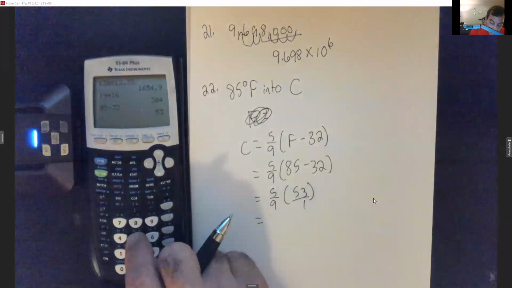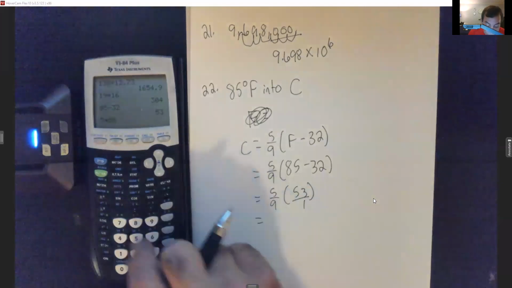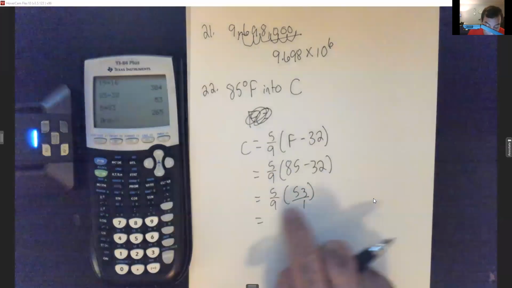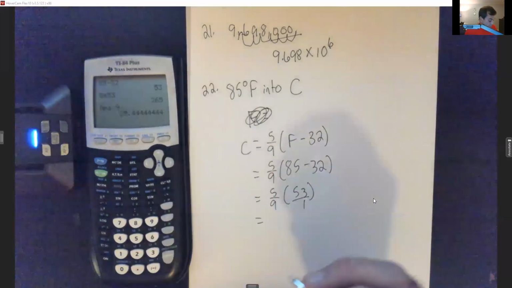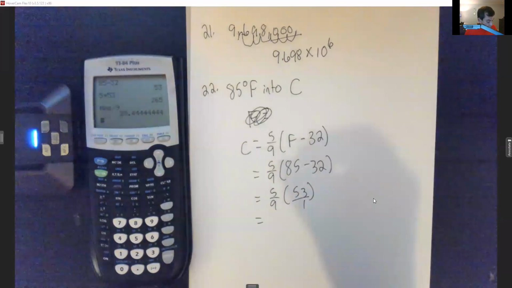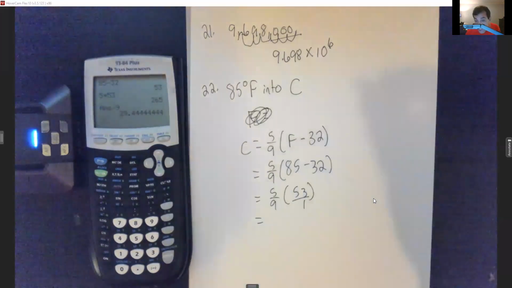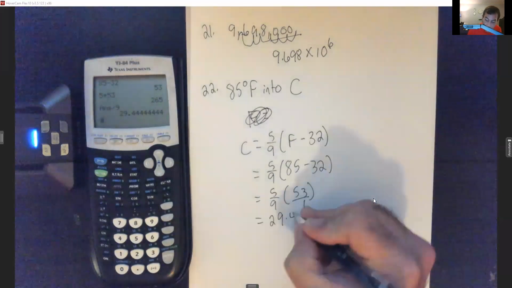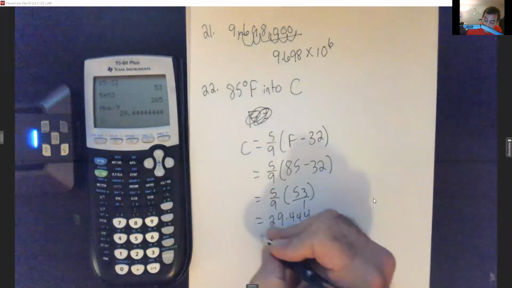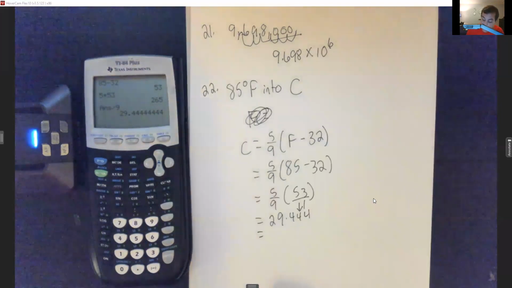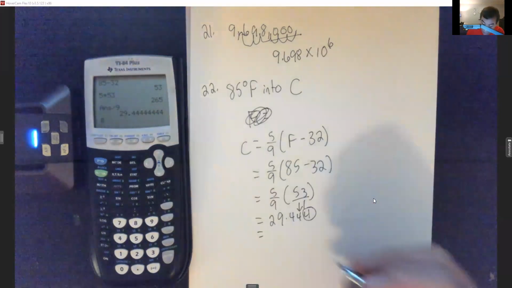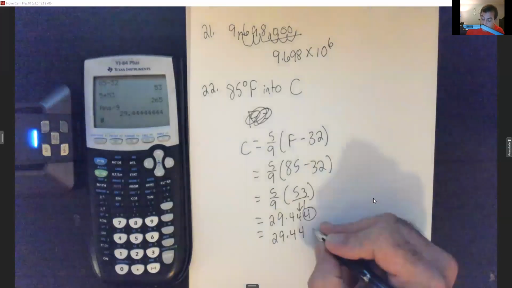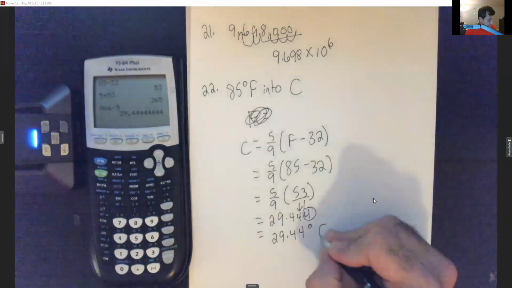So watch this. 5 times 53 equals 265 divided by that 9 on the bottom. That's going to give me 29.444. They want me to round to the nearest hundredth. So since I got 29.444, the nearest hundredth is where that 4 is. So since that's not 5 or greater, you leave this as 29.44 degrees Celsius.